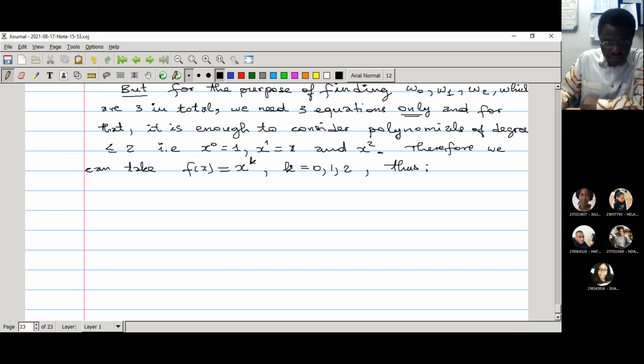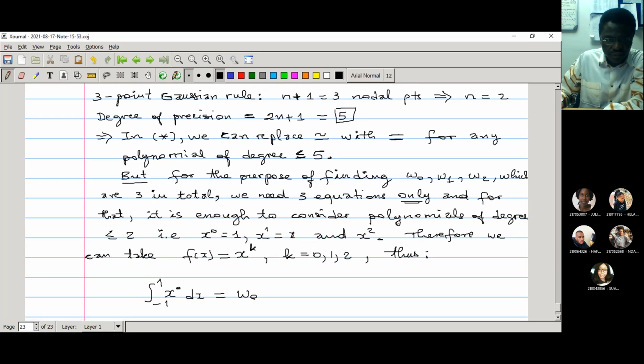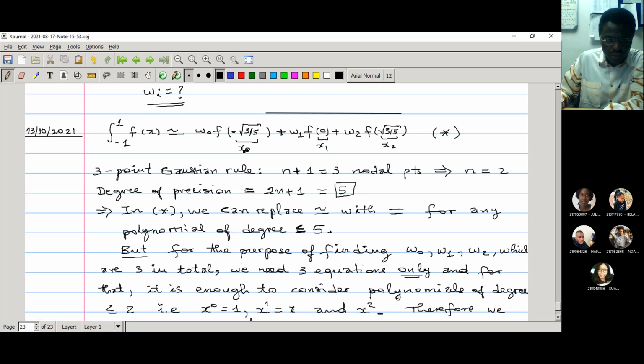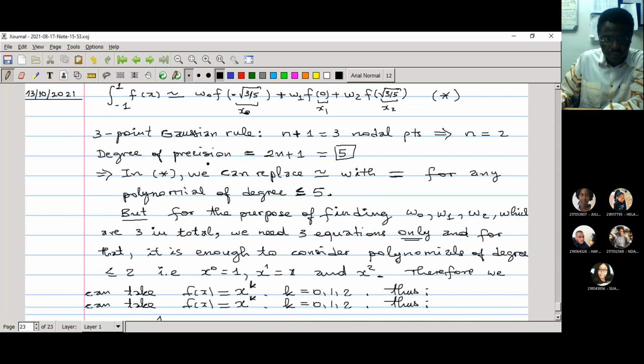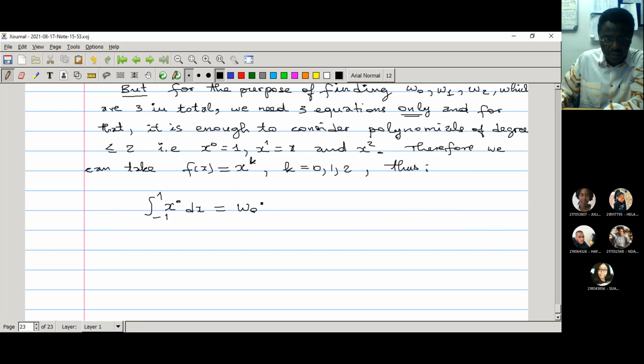So if we take k equal to 0, we have the integral from -1 to 1 of x to the 0 dx equal to W0 times the function at the first node, which is 1, plus W1 times 1 plus W2 times 1.